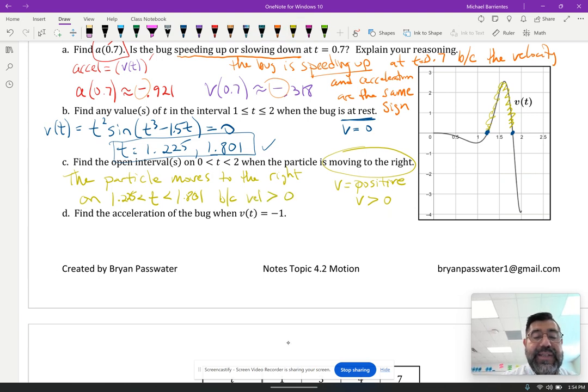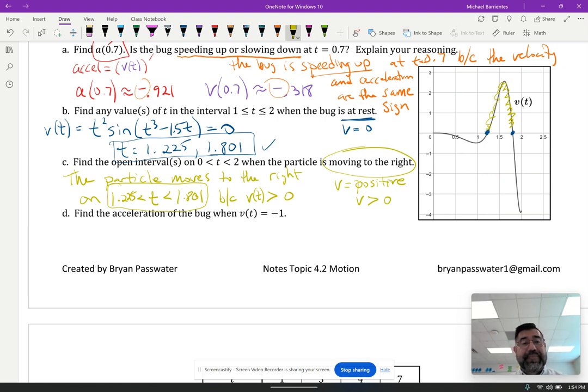Maybe I'll call this velocity v of t, because that's what v of t stands for, the velocity at time t. So the velocity at time t is greater than 0, the velocity is positive, and that's my justification that this is the window of time where it's moving to the right.